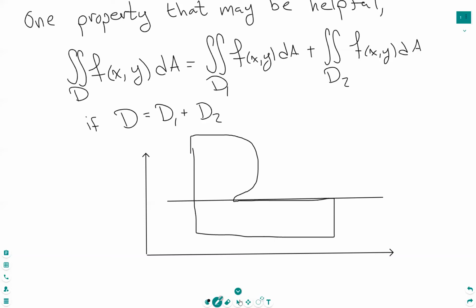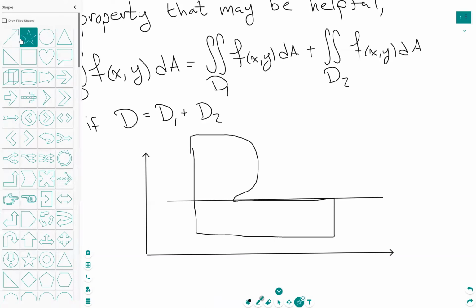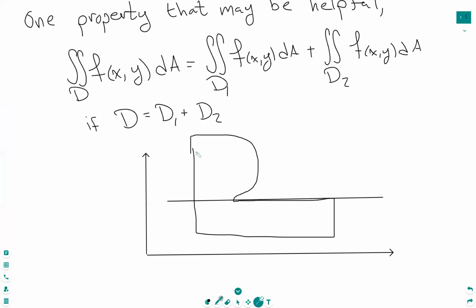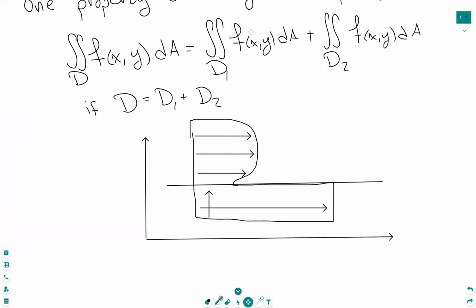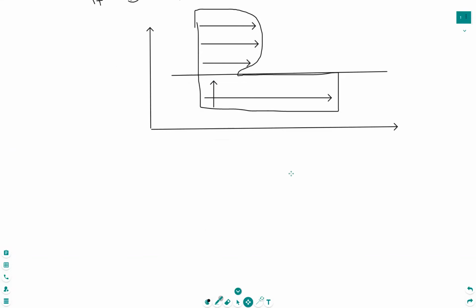And then this other one, we could do horizontal traces like this. Or this way I could do maybe either. But then we can add up the integrals of those 2 regions and piece them together. So the idea is we can split up the region D to make subsections of it type 1 or type 2 for us to deal with.